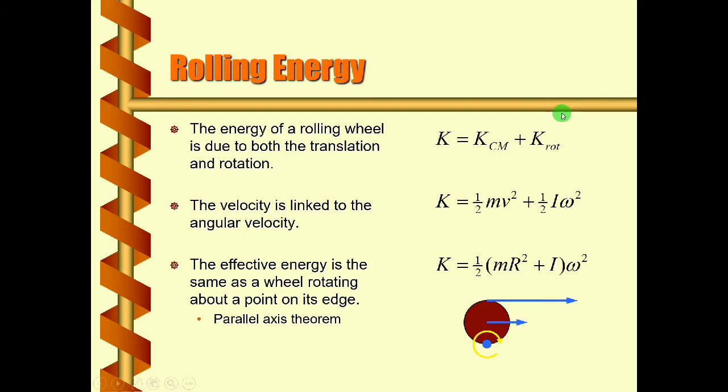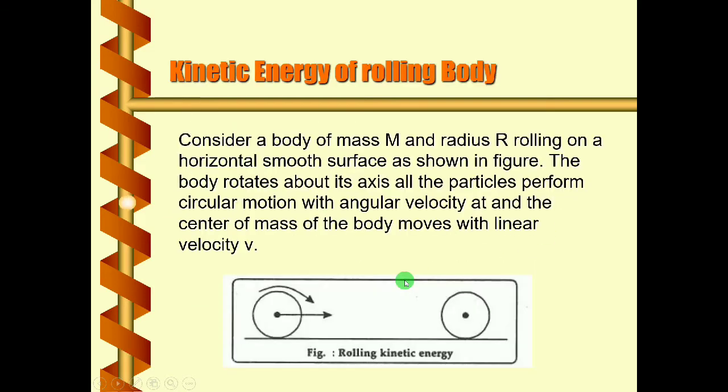So v square is r square omega square. Instead of v square I am writing r square omega square. Now you can take half common, then omega square common. Remaining will be m r square plus I. So this is the kinetic energy for rolling motion.